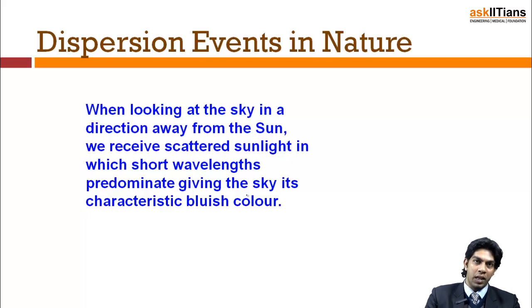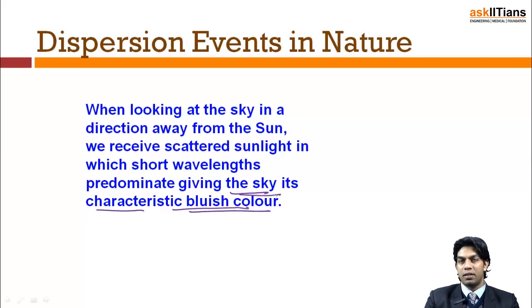The blue, being the predominant shorter visible light, gets scattered most, and that's what we see as the blue color of the sky. That's the reason why the sky looks blue: because it has a very short wavelength and gets scattered the most.